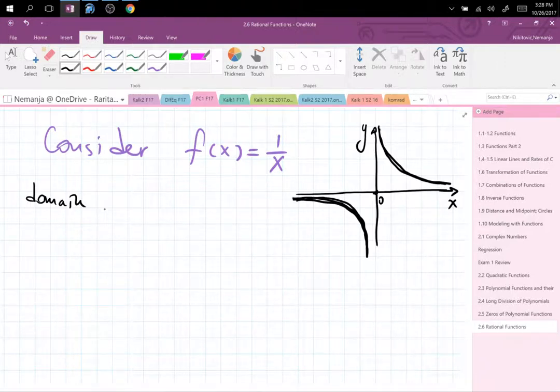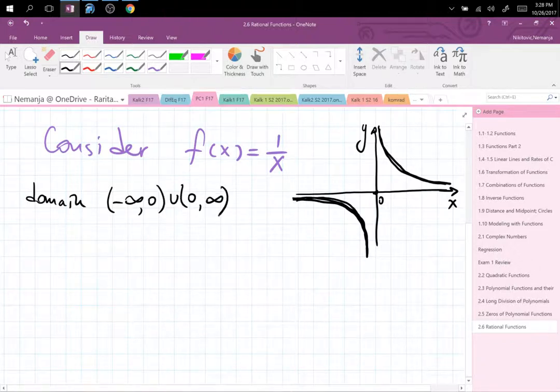Not including 0. So domain is negative infinity to positive infinity, not including 0. And we are going to write that by kicking 0 out, using parentheses. So domain is from negative infinity to positive infinity, excluding 0.